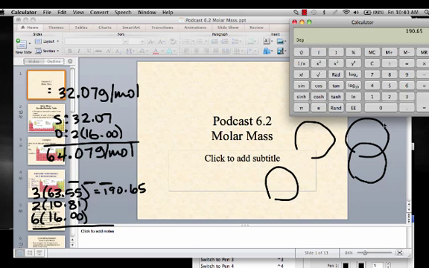Now let's do the boron. 2 times 10.81. What do we get there? 21 point. Oh yeah, I could have done that in my head. 21.62. Okay, and then 6 oxygens is 6 times 16. 96. Okay, so that's the part that's coming from oxygen.